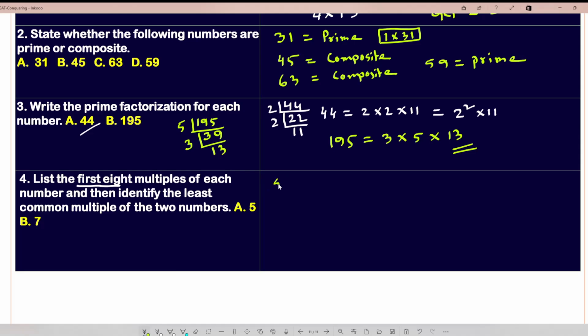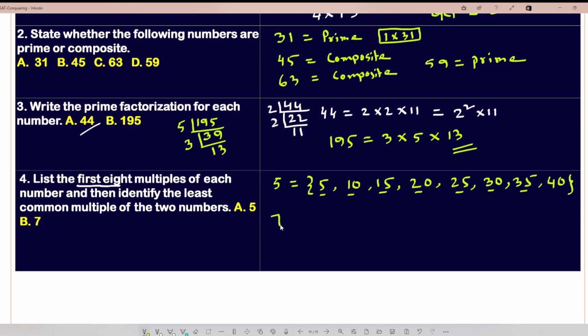So 5 times 1 is 5, then 10, 15, 20, 25, 30, 35. So 1, 2, 3, 4, 5, 6, 7, and finally 40. These are the first 8 multiples of 5.